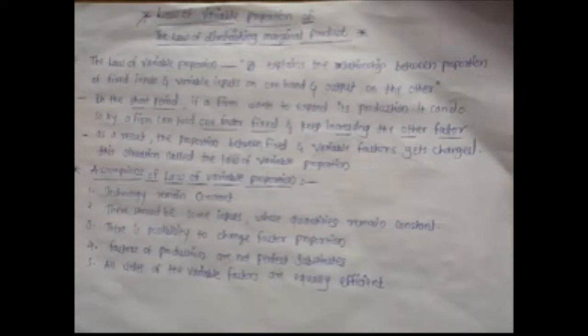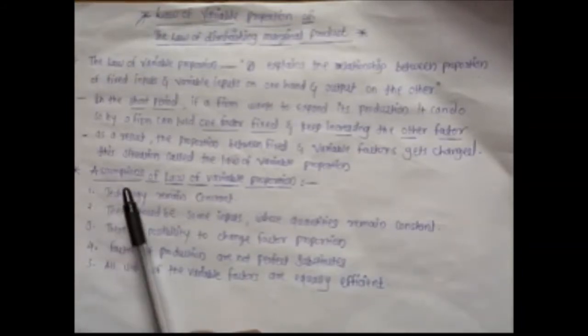The firm can change the other factors of production. Then what is the result? The proportion between these fixed and variable factors gets changed, and this situation we call the law of variable proportion.